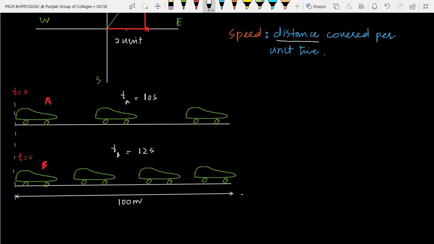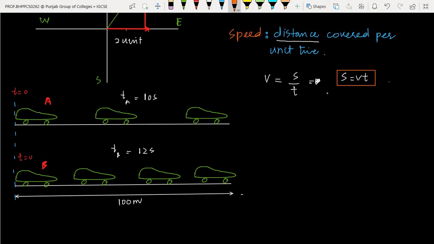So we write speed is equal to s/t. And from here we get an important formula, that is s = vt. That is an important equation we apply in problems.